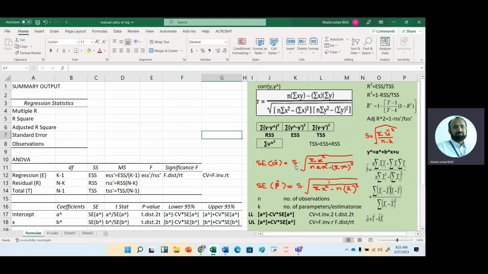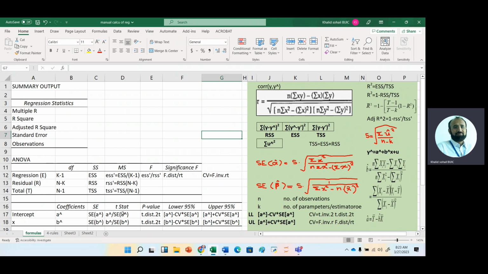We have S that we have already calculated here, and then we use summation x square and summation x square minus summation. When we take its square root and multiply it by S, we can get the standard error of alpha. In the same way, we can get the standard error of beta. The formula, the S is the same, but here it is 1 divided by summation x square minus n x bar square. In this way, we can get standard error of alpha hat and beta hat.